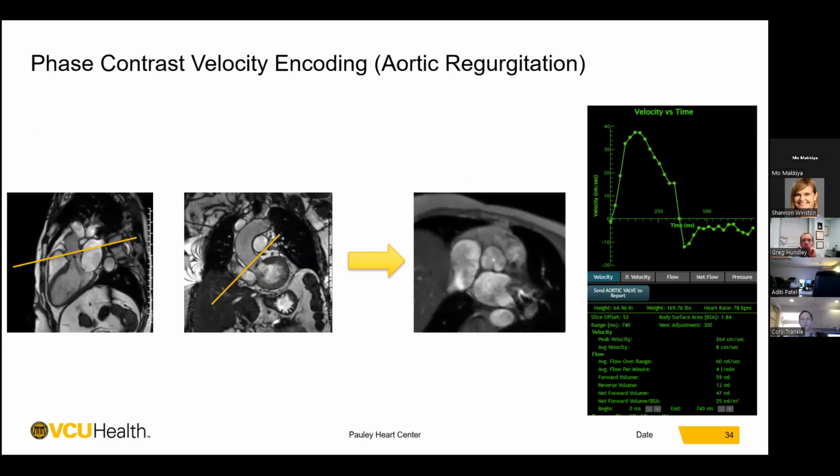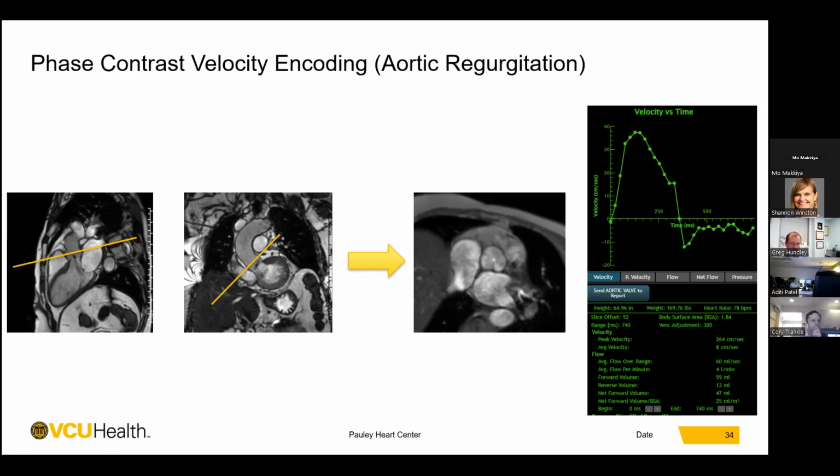We can do our flow measurements for AR and generate our phase contrast and use that to utilize our flow measurements. And then you can get from the software your regurgitant volume. And by knowing that, and by knowing your forward volume, you can calculate the regurgitant fraction, which is 22% in this case.